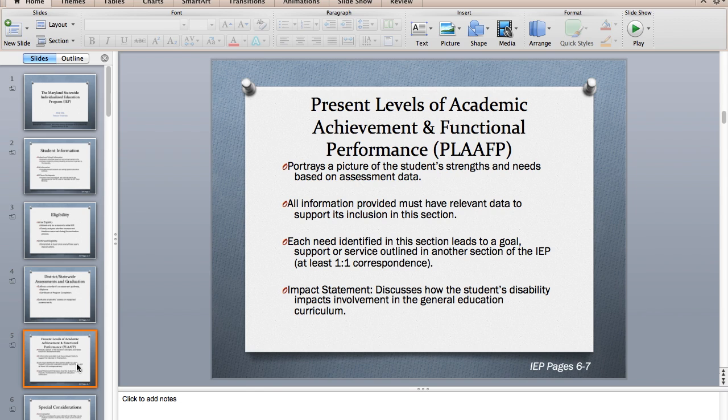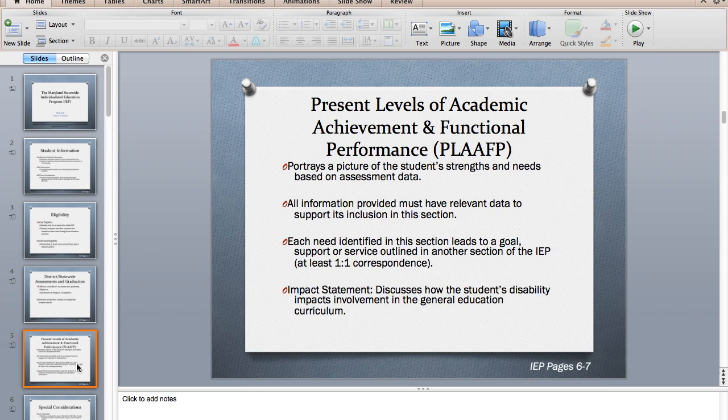Questionably, this is one of the most important sections of the IEP because it provides a picture of the student's strengths and needs based on the assessment data, most specifically based on the most recent assessment data. So all information provided in the present level section of the IEP must have data to support it.